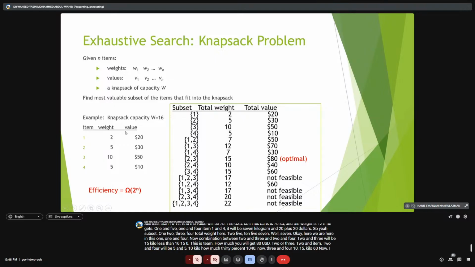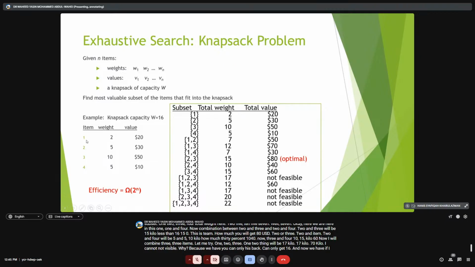Now I will combine three items. Let me try 1, 2, 3. Items 1, 2, 3 will be 17 kilo. 17 kilo, I cannot, not feasible. Why? Because his bag can only carry 16.